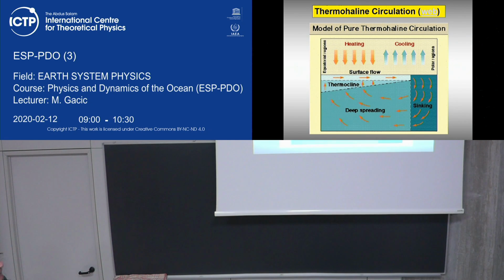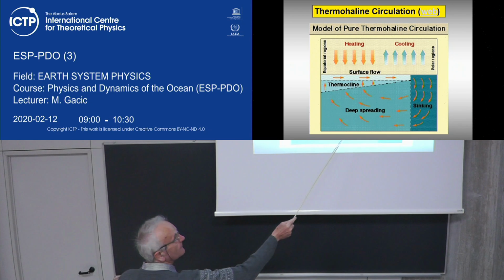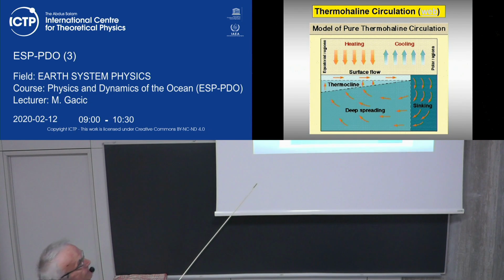So if you look purely at the thermal circulation, that means the differences in heating in the world ocean, looking in the meridional direction, the result is that here we have an increase of temperature, and here a decrease of temperature.